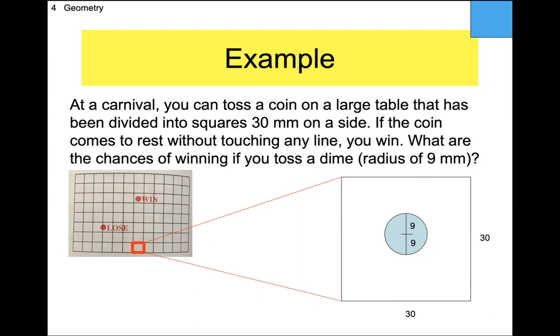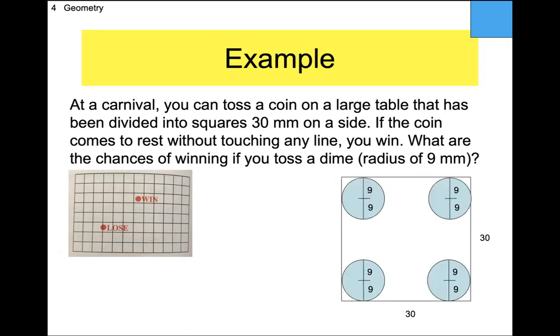I don't really want the entire square, because here are 4 possibilities. Each time, I've tried to make it so the coin isn't exactly touching a black line. Notice I've got the center of those 4 coins drawn as well. The key is the realization that if I join the centers of those 4 coins like this, then that yellow section represents the area that the center of your dime must be in.